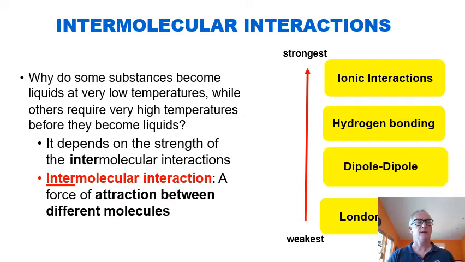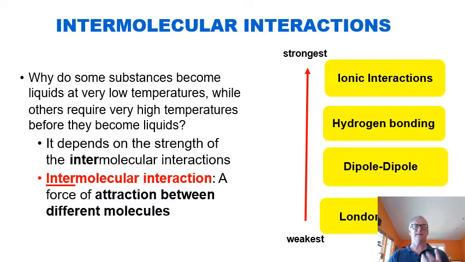So you wonder why some substances become liquids at really, really low temperatures, like gases, for instance, that we see at room temperature. Nitrogen, for instance, you need to reduce down to almost 200 degrees below 0 in order to get it to be a liquid, become liquid nitrogen.